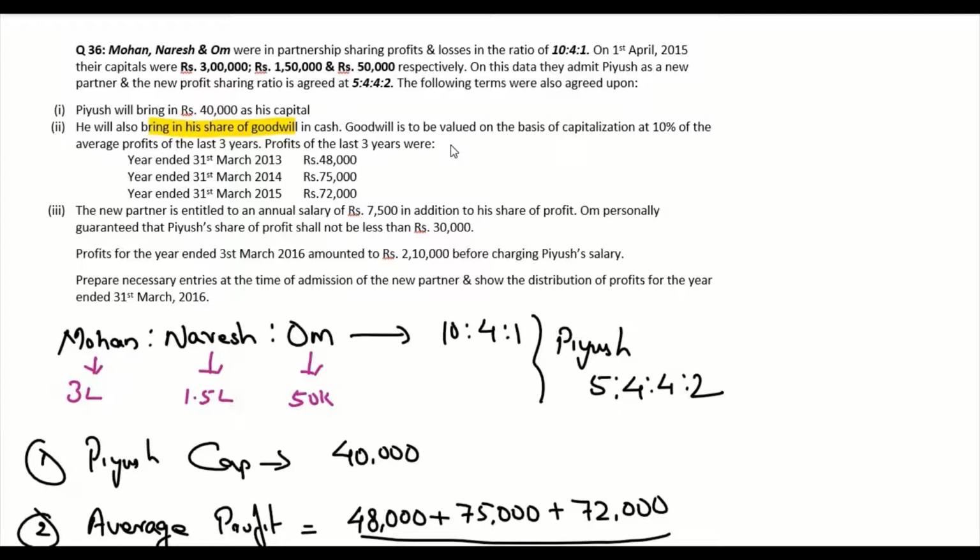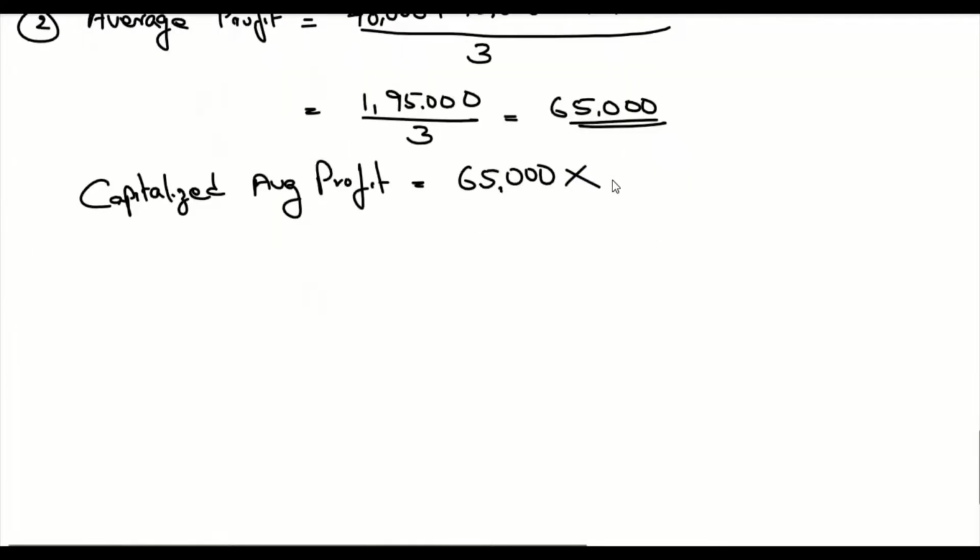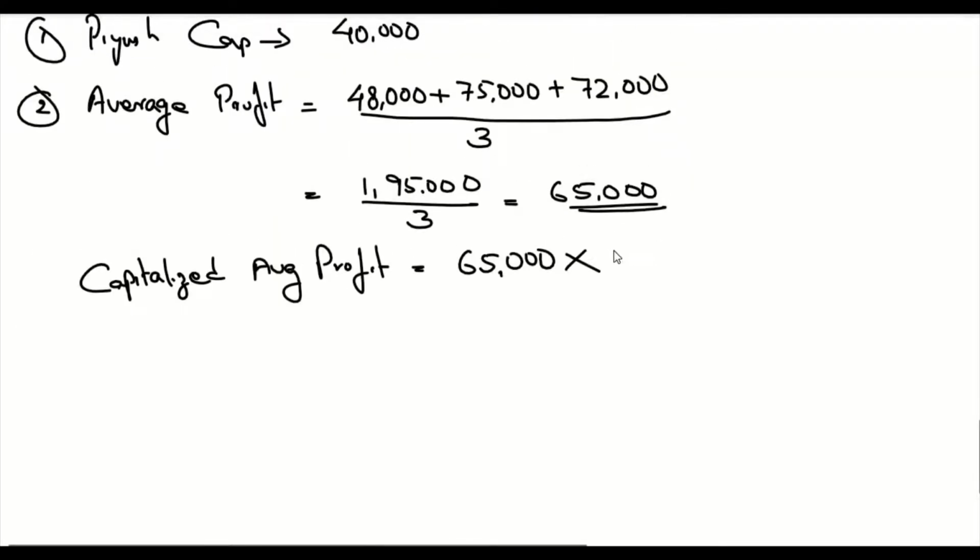The question mentions it has to be capitalization at 10% of the average profit. So the normal rate of return is 10%. So 65,000 multiplied by 100 by 10. That is equal to 6,50,000. So capitalized average profit is 6,50,000.